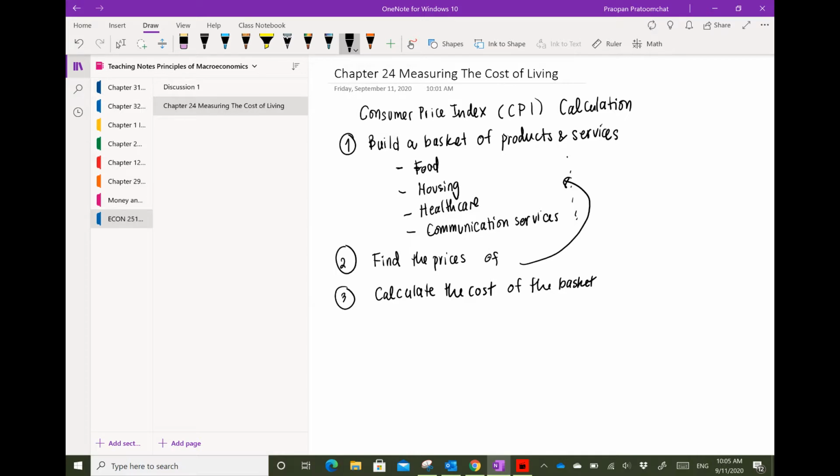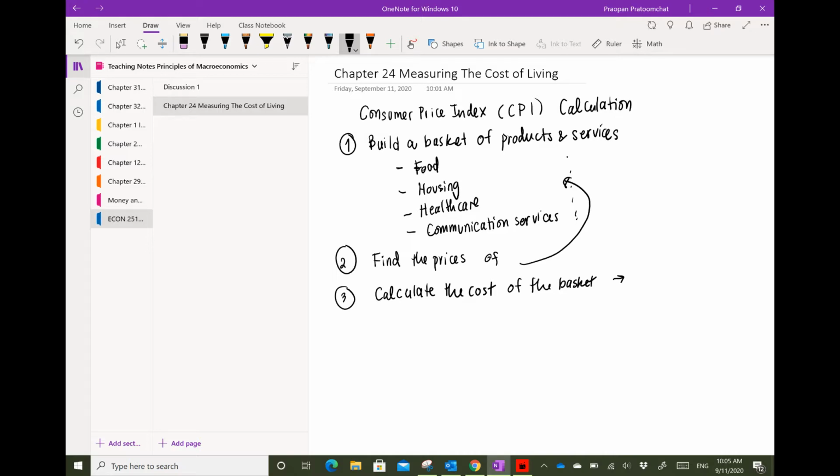So if you get all prices from the food category, you get the average housing cost, you get the average healthcare cost, and other stuff in the basket already. Sum them together, you get the basket cost, right?